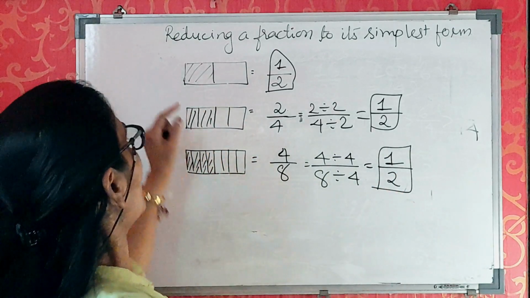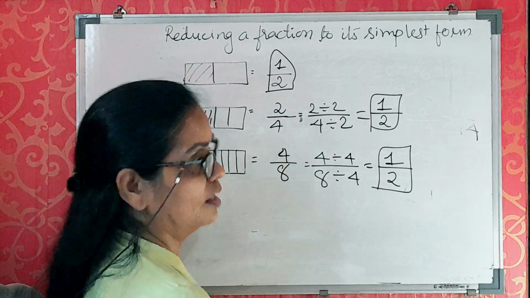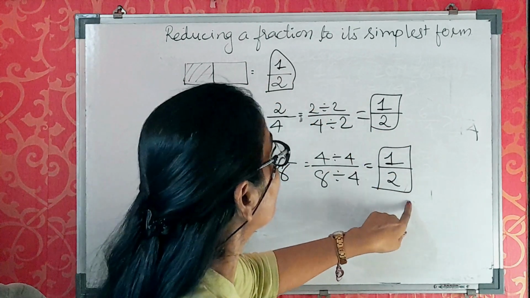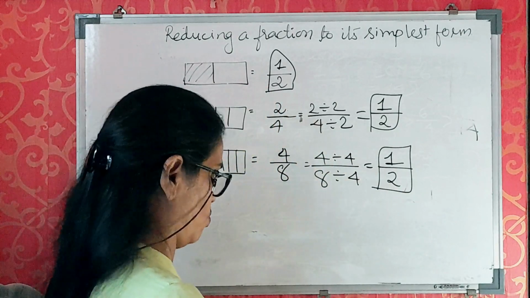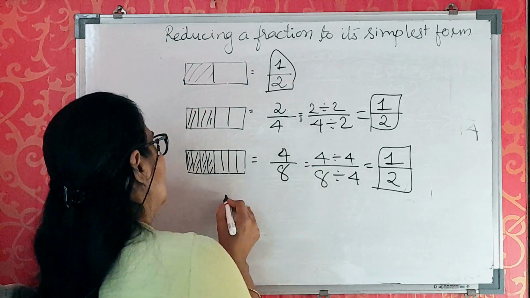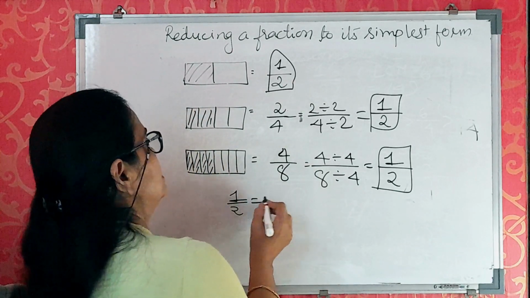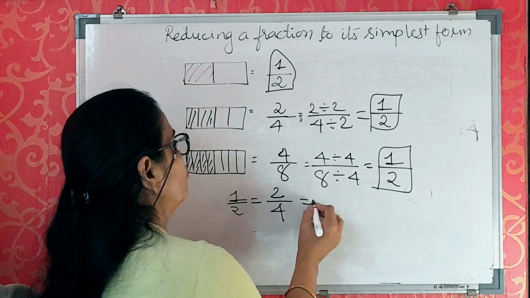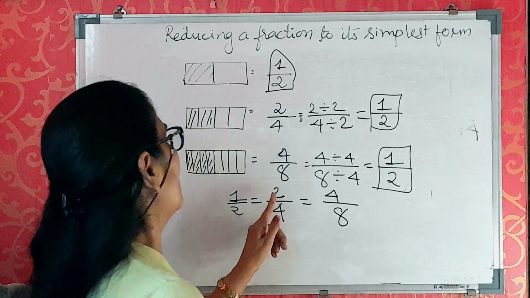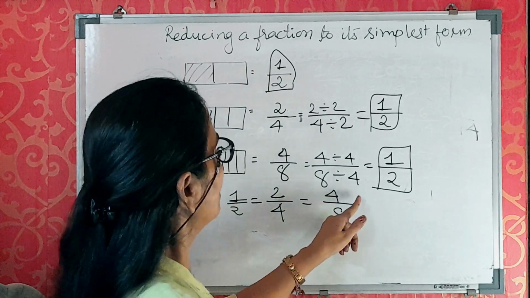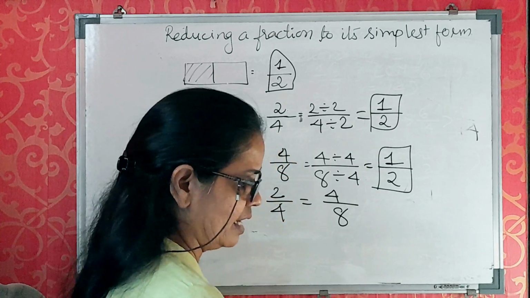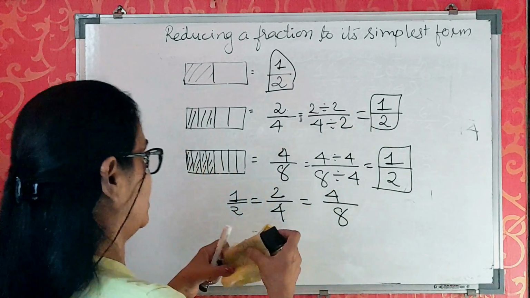That means I have shown you by this diagram and this way that these are all equal fractions. Though I am writing 1 upon 2, 2 upon 4 and 4 upon 8, I can finally write 1 upon 2 is equal to 2 upon 4 is equal to 4 upon 8. Ultimately, after reducing, my answer is coming 1 upon 2. This way I have reduced it.